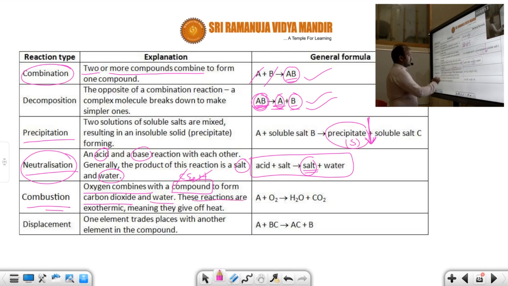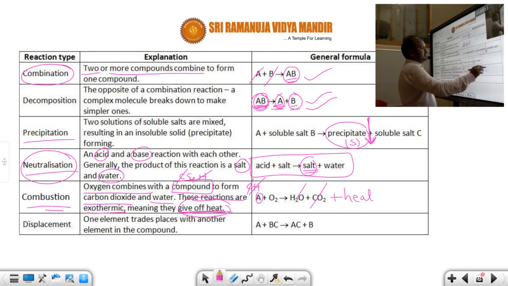These reactions are always exothermic, which means a certain amount of heat is released, liberated or evolved, given off from that reaction. So here A is the hydrocarbon, carbon and hydrogen. Carbon forms its corresponding oxide, carbon dioxide. Hydrogen forms its corresponding oxide, H2O, and a certain amount of heat is released. This is called a combustion reaction.